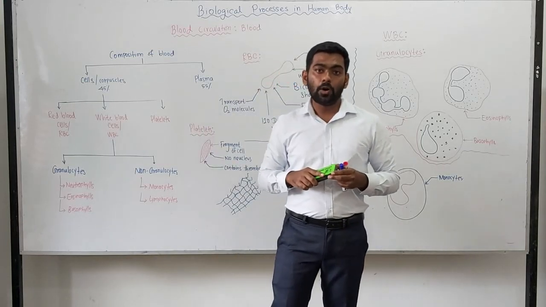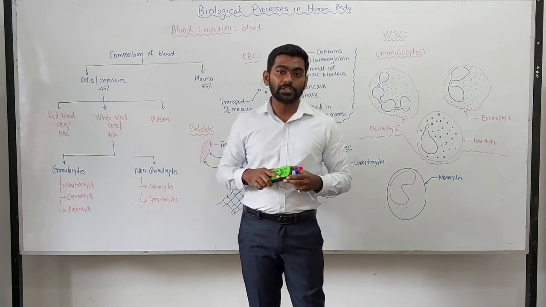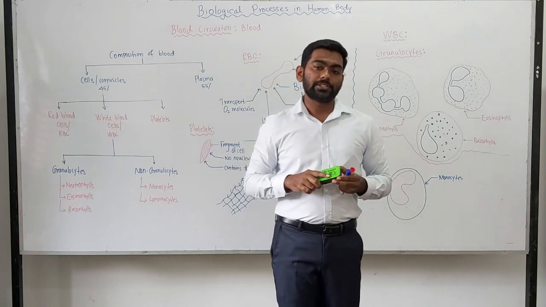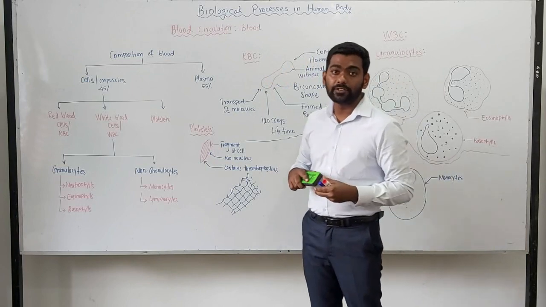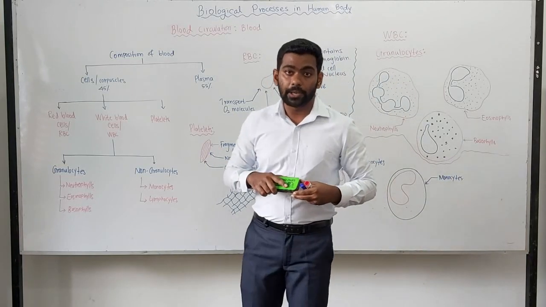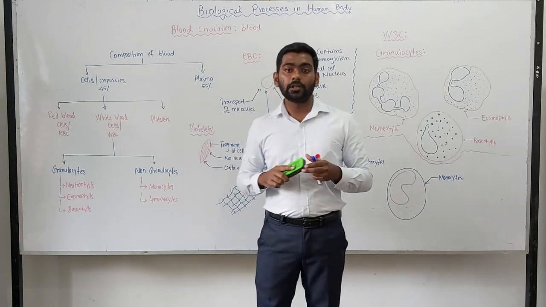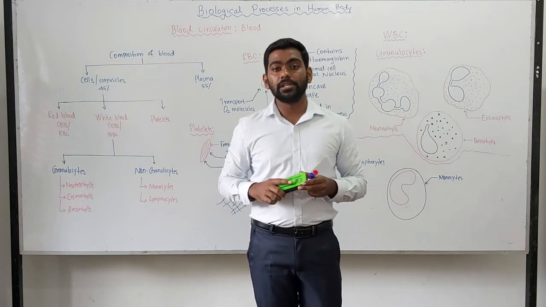We call them all together granulocytes. Even though there are some other differences, all have granules. Some other white blood cells do not have granules, so we call them non-granulocytes. So altogether, granulocytes and non-granulocytes, there are 5 different types of WBCs available.